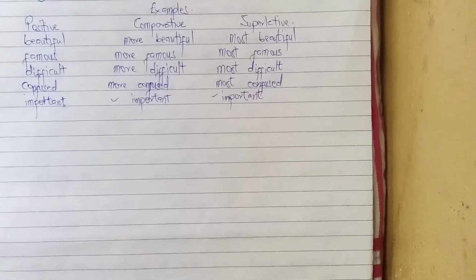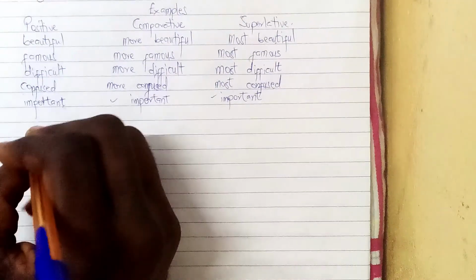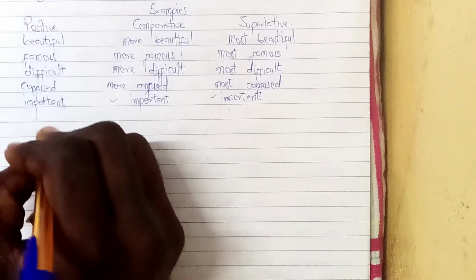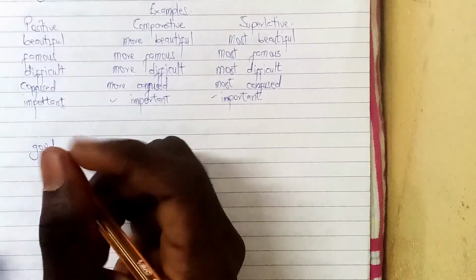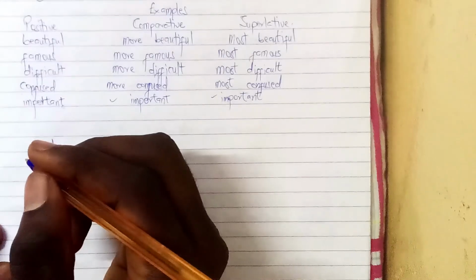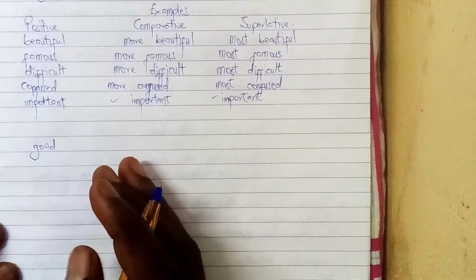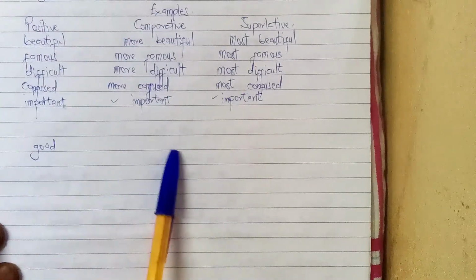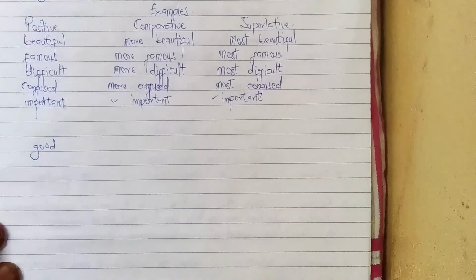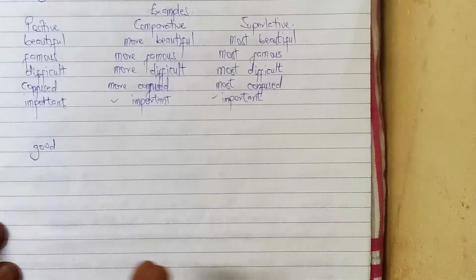For instance, we can have the word good. Now, good is just a 1-syllable word, but to change good from the positive to the comparative form, we cannot add er to become gooder and est to become goodest. Good becomes better, and then to the superlative form we have best.